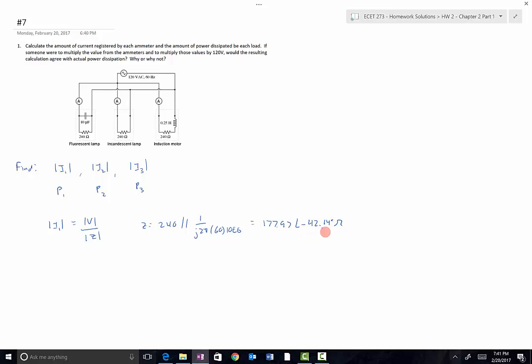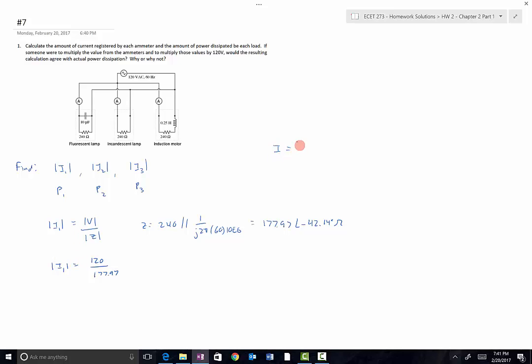I know this is written in polar form, but the reason I did that is because if I write it in polar form, I can extract the impedance magnitude directly. You can't do that if it's in rectangular form. So I just get 120 over 177.97, so it's going to give me the magnitude of the current. You may be asking, where did that come from?